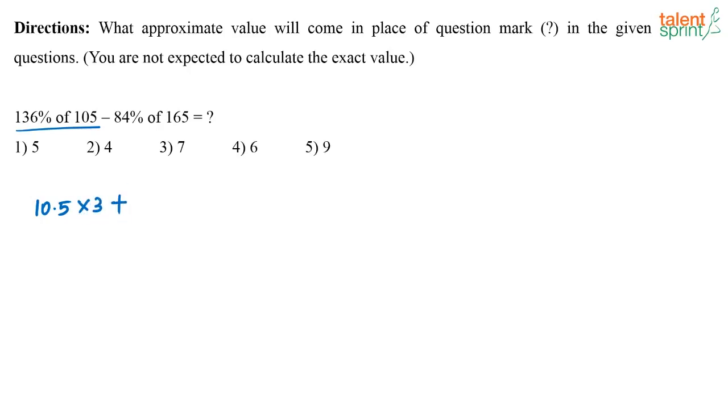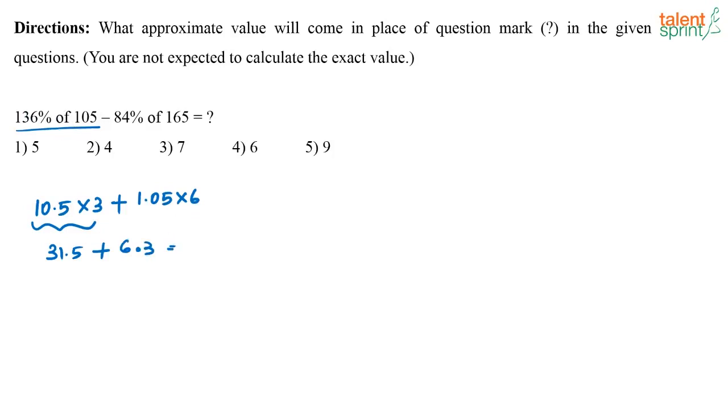Now what is going to be 6 percentage of 105? See, 1 percentage of 105 is 1.05. So 6 percentage is going to be 1.05 into 6. This 10.5 into 3 is nothing but 31.5, and here 1.05 into 6 is 6.3.